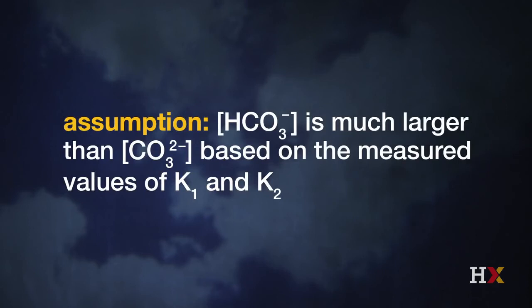Likewise, we know from the measured values of the first and second dissociation constants that the bicarb ion concentration is much larger than the carbonate concentration. And we know that because the acid dissociation constant for carbonic acid forming the bicarb anion is much larger than the reaction of the bicarb forming the carbonate anion. So that means that we can write the expression for H plus in this solution.